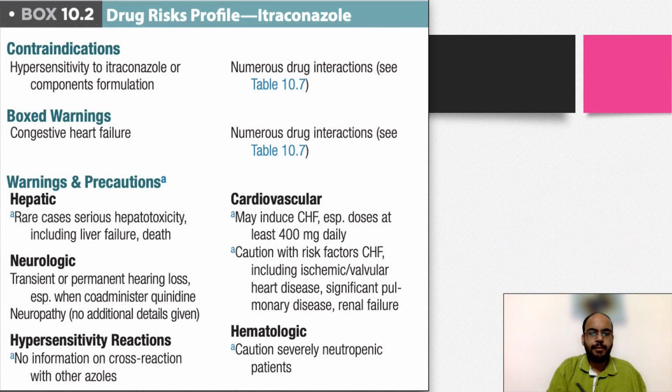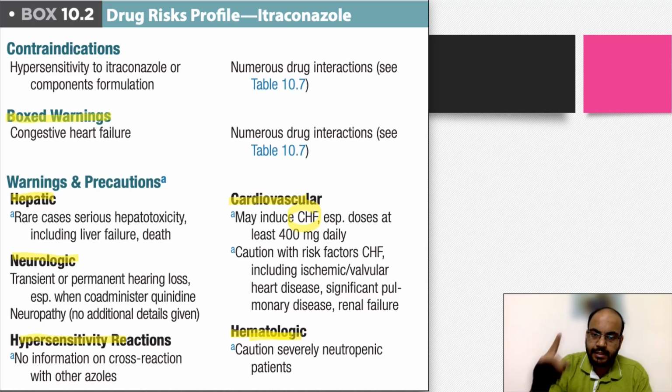So this is again a picture from Wolverton, and we are just going to revise. Boxed warnings are against congestive heart failure. You cannot use it in those patients. Hepatic derangement, and neurological derangement because it leads to neuropathy and hearing loss. Hypersensitivity reactions, of course, are a strict no. In cardiovascular, remember in congestive heart failure you have to be very careful, and it can also cause decreased neutrophils, neutropenia.